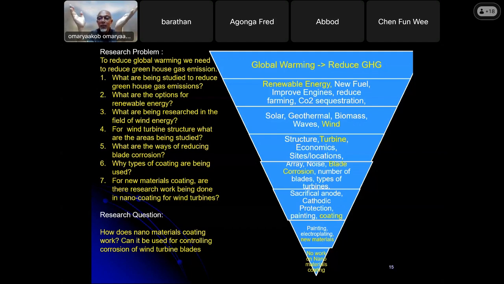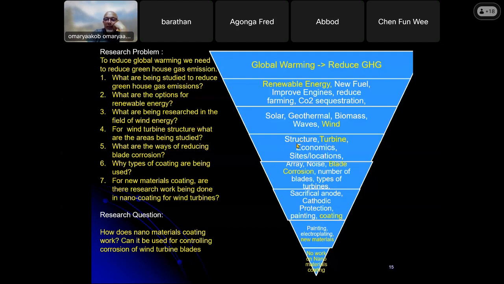But now you look down at renewable energy. What are the options? Solar, geothermal, biomass, wind, waves. What research is being done for renewable energy? All these fields. And then what research is being done for wind? You see, you have chosen wind. What is being researched in the field of wind energy?